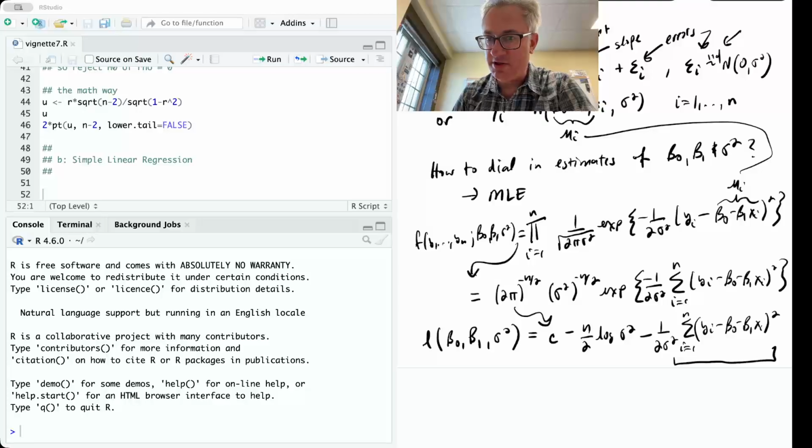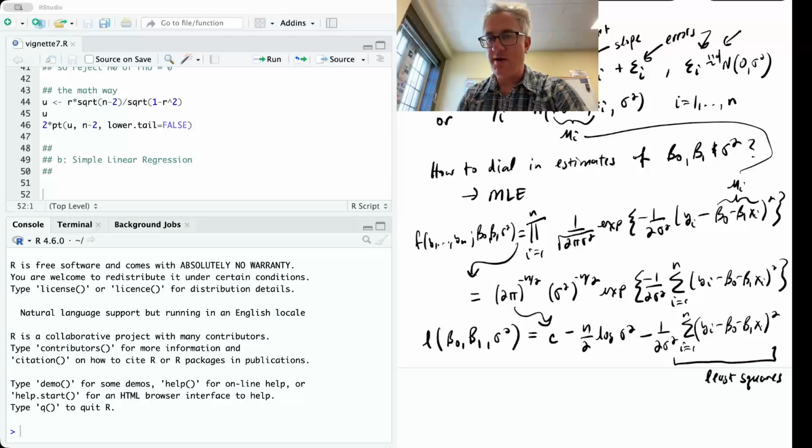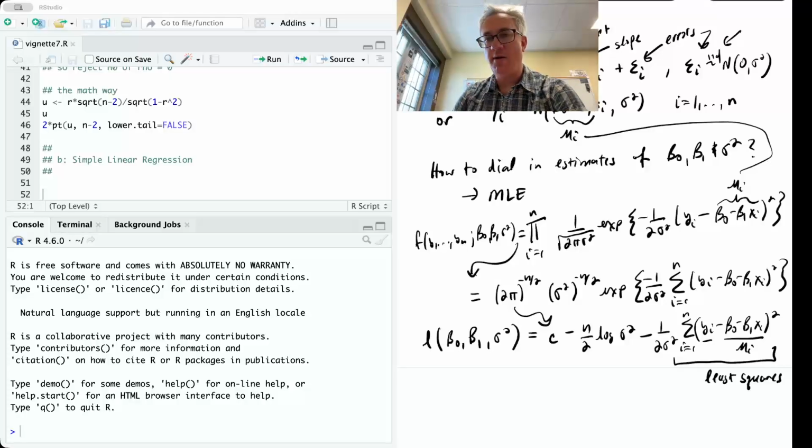And you can see that a really important quantity in this analysis, we're going to take derivatives and set them equal to 0 and solve in a minute, but a really important part of this is what's called the least squares criteria, because I'm looking at the discrepancy between my model parameters through this mean and the data values squared.